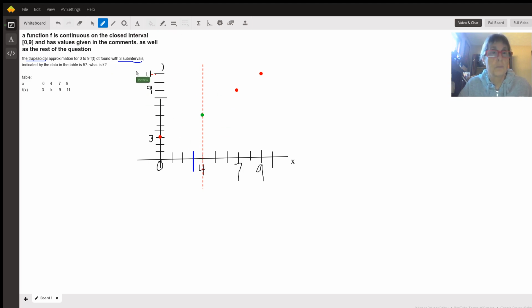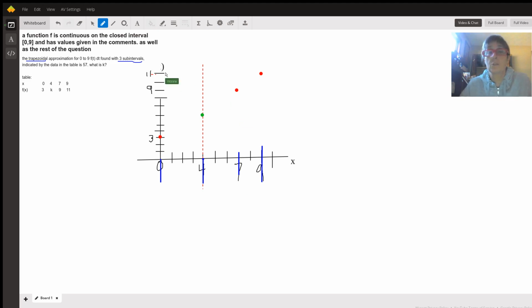Then go 3 more over. Does it say equally spaced? It doesn't say equally spaced. So backing up, clearly my subintervals should be from here where I have a point to here where I have a point, and then from 4 to 7 because I have a point at 7, and then from 7 to 9. Okay, so those are my subintervals.